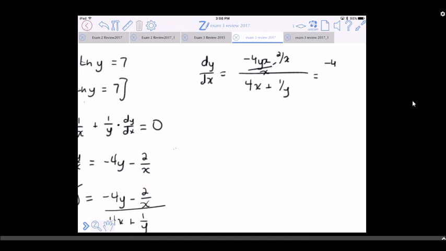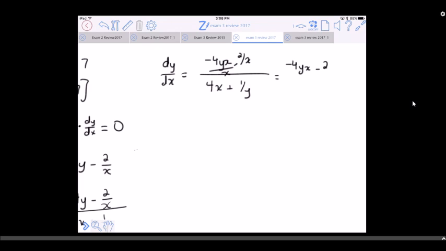So that's negative 4yx minus 2 all over x. Now I need to do the same thing to the denominator. In order to add these two, I need to multiply by y over y, so that denominator becomes 4xy plus 1 all over y.